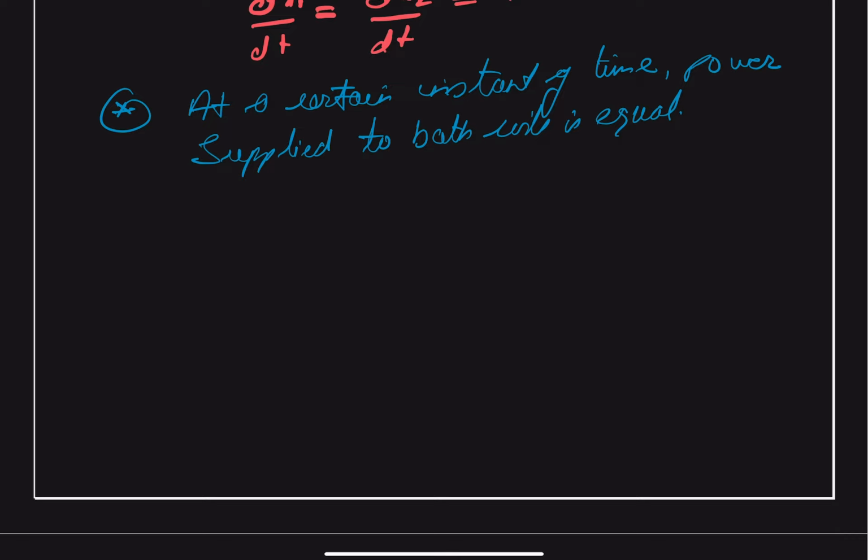So from here we can say the power in the first coil is equal to the power in the second coil. And the induced voltage is given as V1.